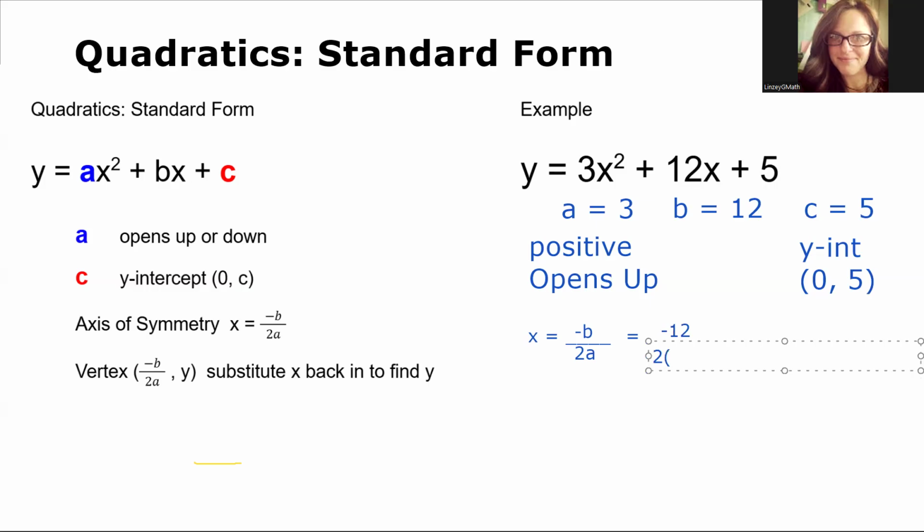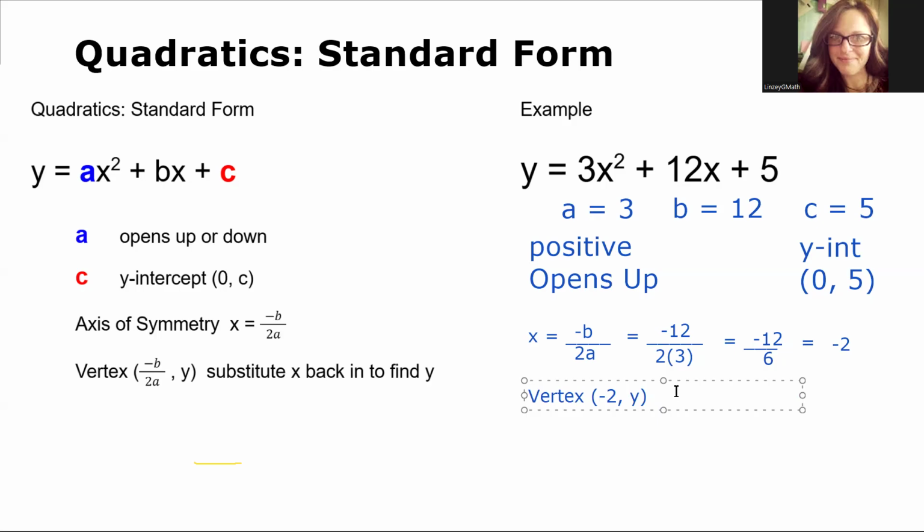And then 2 times a, a is 3. We'll multiply 2 times 3 and then divide. And we get negative 2 for the axis of symmetry, or the x coordinate of the vertex.